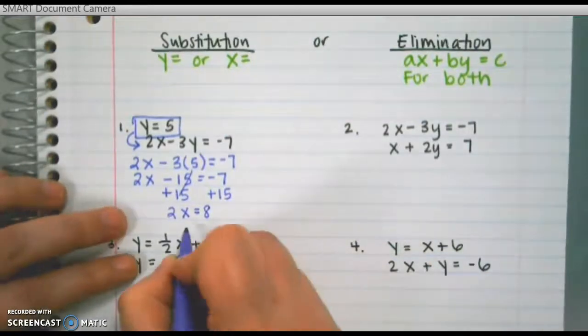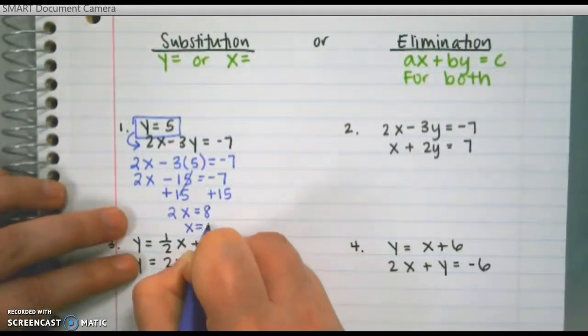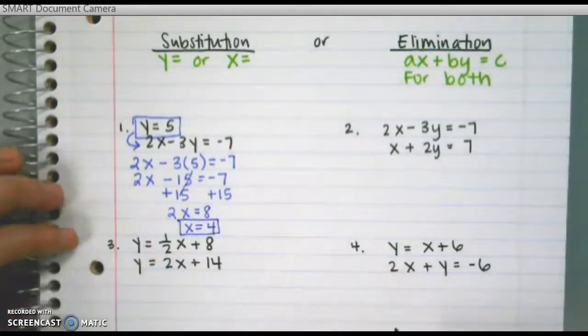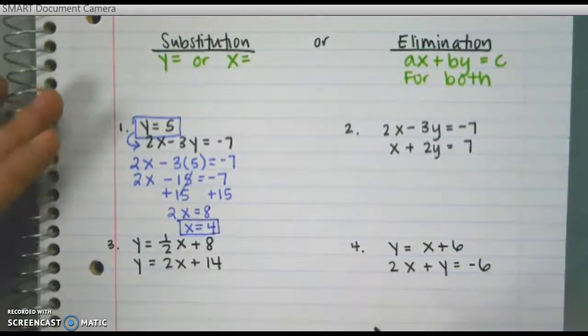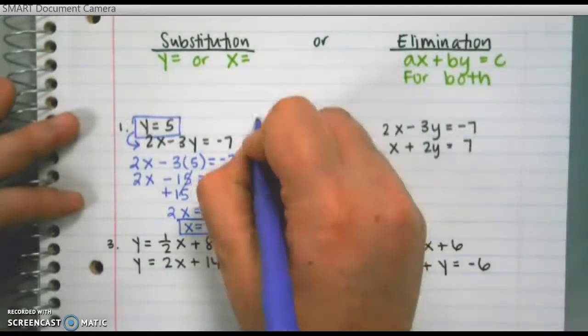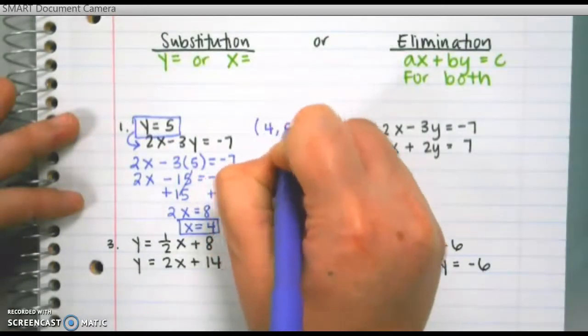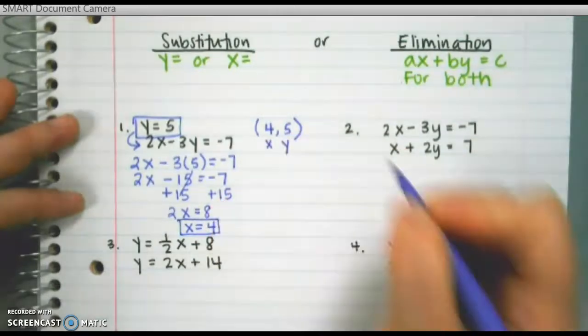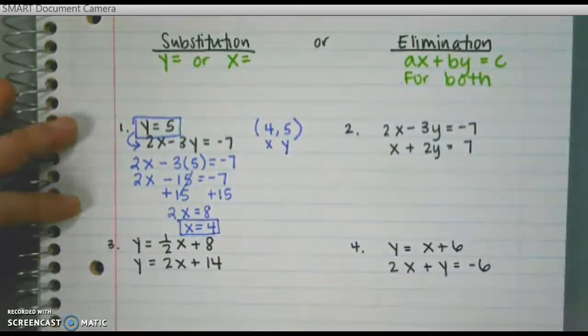When I divide on both sides, I get x is equal to 4. Now remember, these are lines that we can graph, so their solution is an ordered pair. The correct way to write your answer is the ordered pair, and remember that when we write a point, it's the x and then the y.